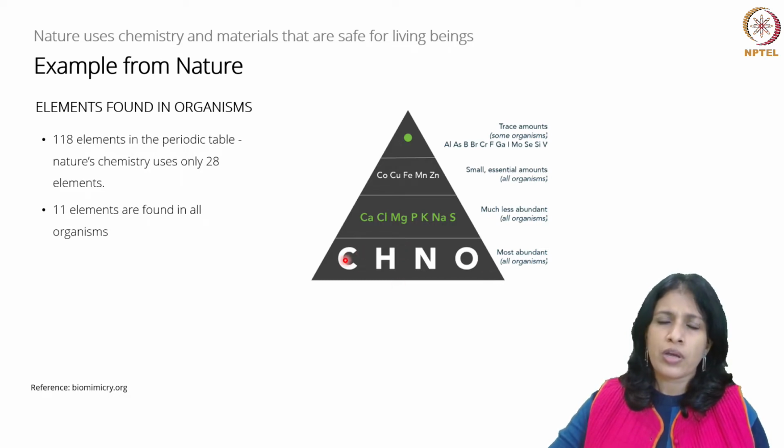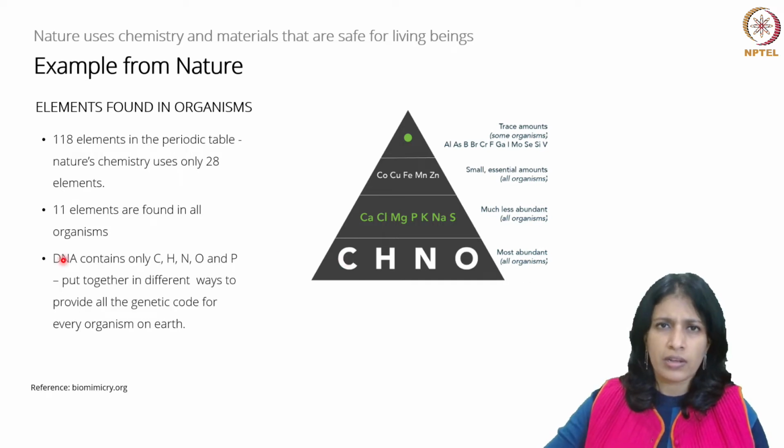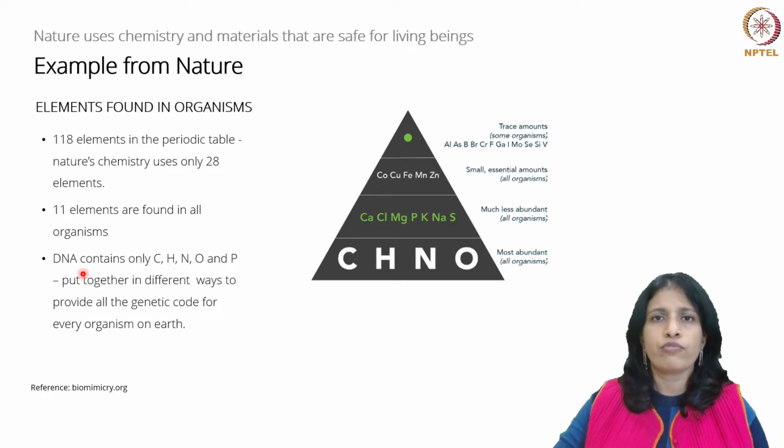And the fascinating fact here is that DNA, as you know, is the genetic blueprint for all of life on Earth. DNA contains only five elements: carbon, hydrogen, nitrogen, oxygen, and phosphorus.